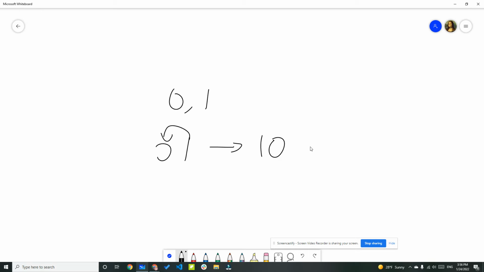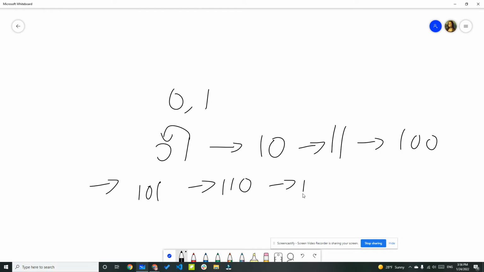So that's 10, and then you add another 1, that's 11. Add another and that's 100, so you move on to that, then 101, 110, 111, and then a 1 with three zeros.